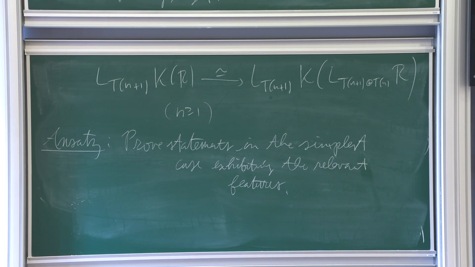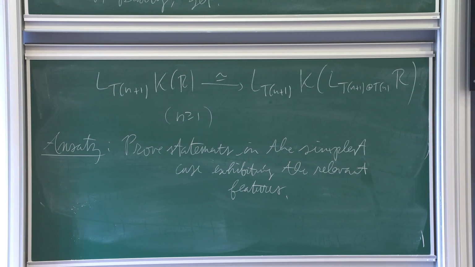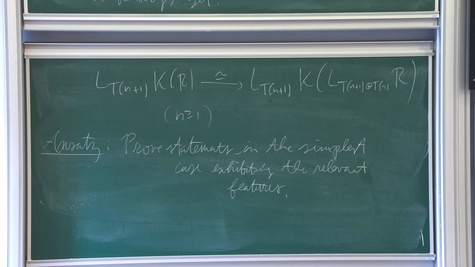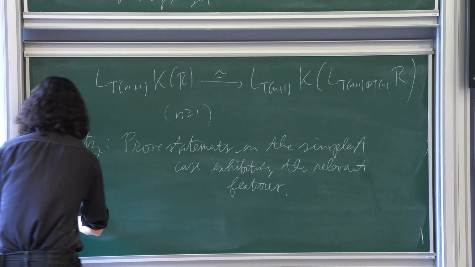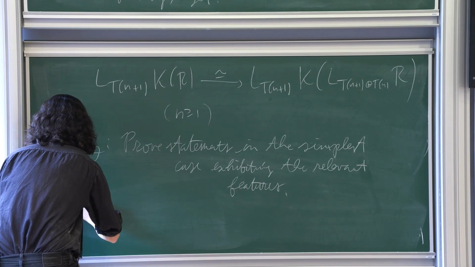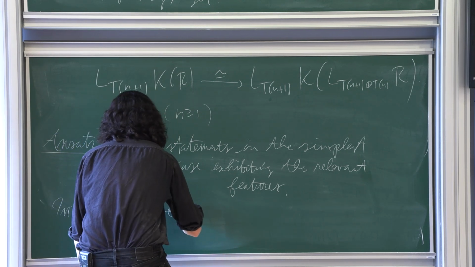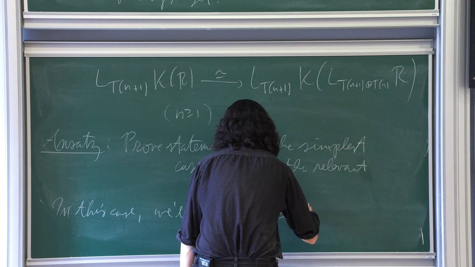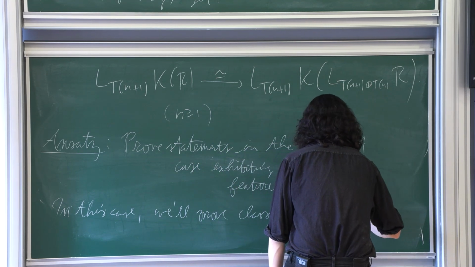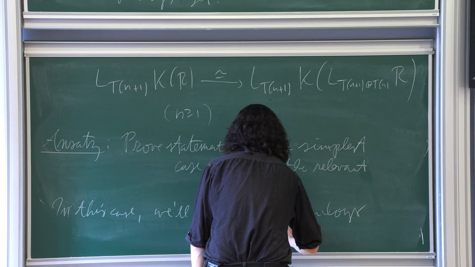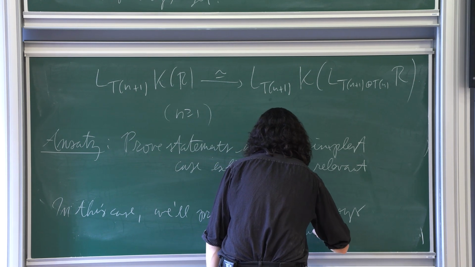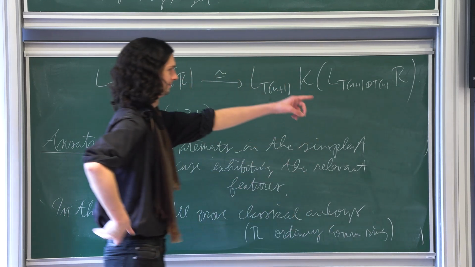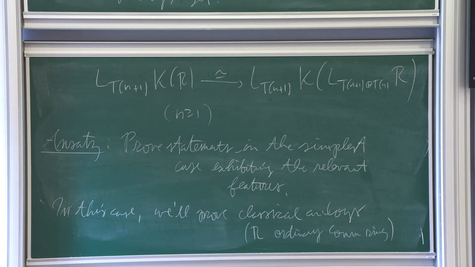I'll just pick one special case such that the proof of the special case will illustrate what's going on in general. And in this case, we'll prove just the classical analogs, so the situation where R is an ordinary commutative ring, for these things which I called higher chromatic generalizations.